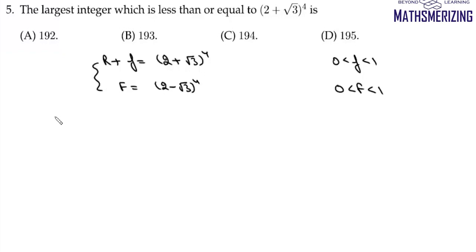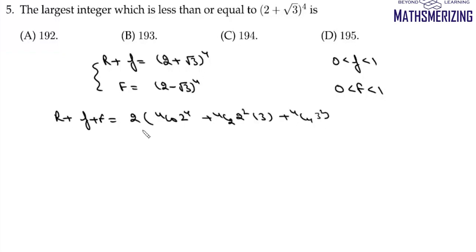Now we'll add them together. We can write this as R plus f plus f dash, and it will be 2 times 4C0 2 to the power 4 plus 4C2 2 square into 3 and plus 4C4 into 3 square. So this value is an integer.